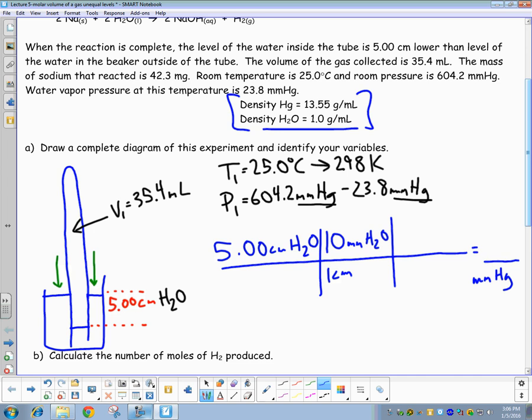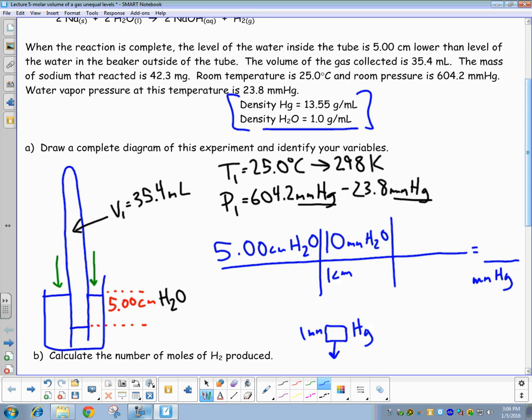Now, why that's important to us is because these objects will exert different forces on the trapped gas. Another way of thinking about it, if I had a column of mercury that measured 1 millimeter of mercury, this column will exert a force in that direction.